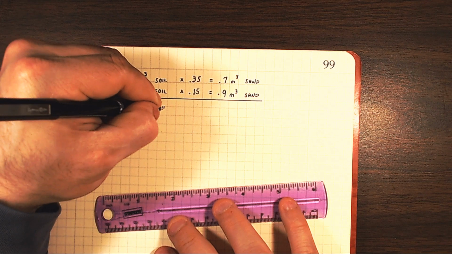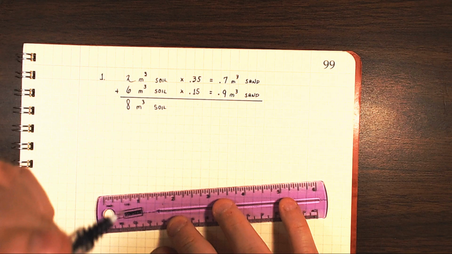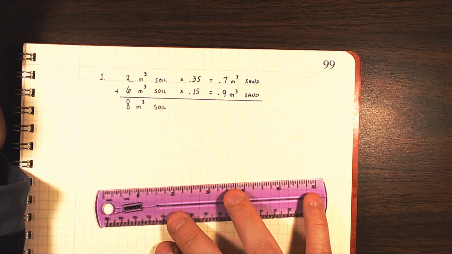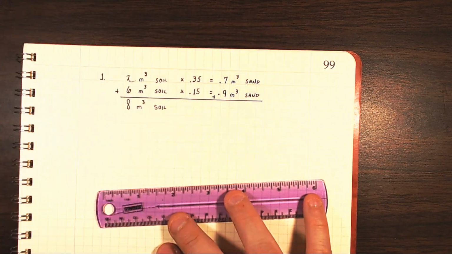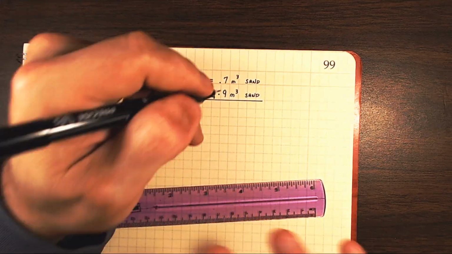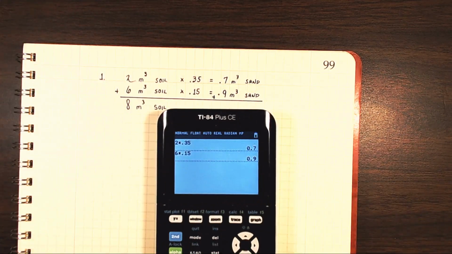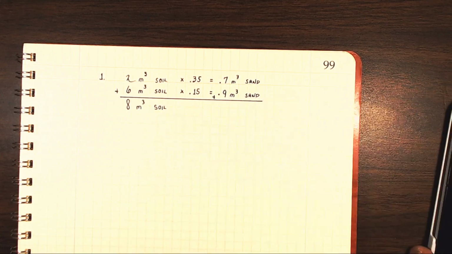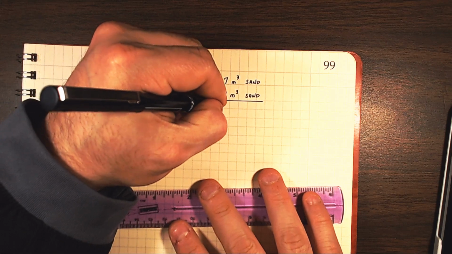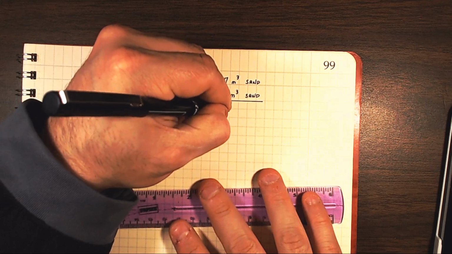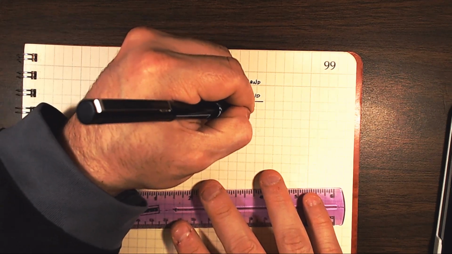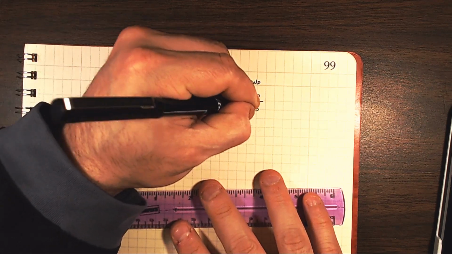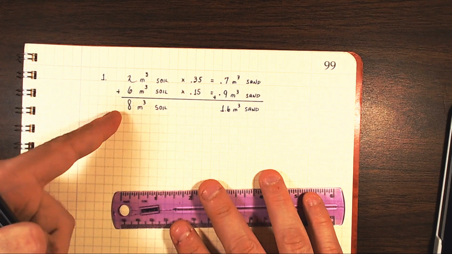And how much of that soil is composed of sand? Well, that would be 0.7 cubic meters plus 0.9 cubic meters, so that's 0.7 plus 0.9, 1.6 cubic meters of sand in 8 cubic meters of soil.